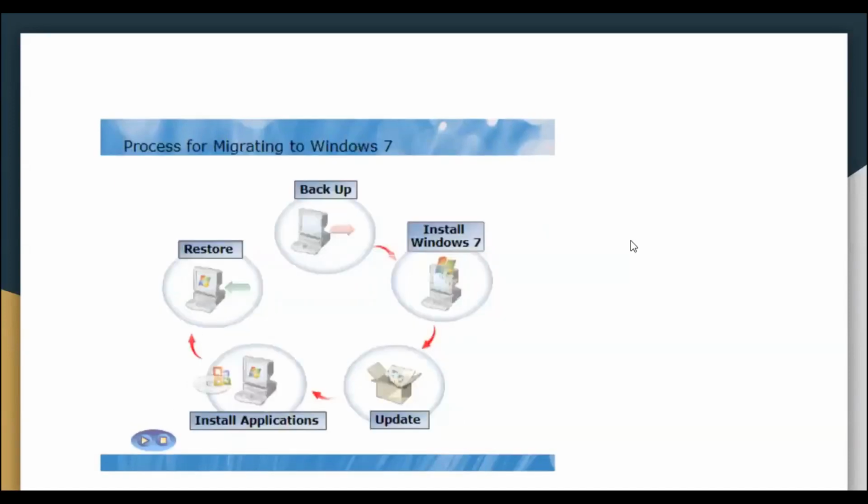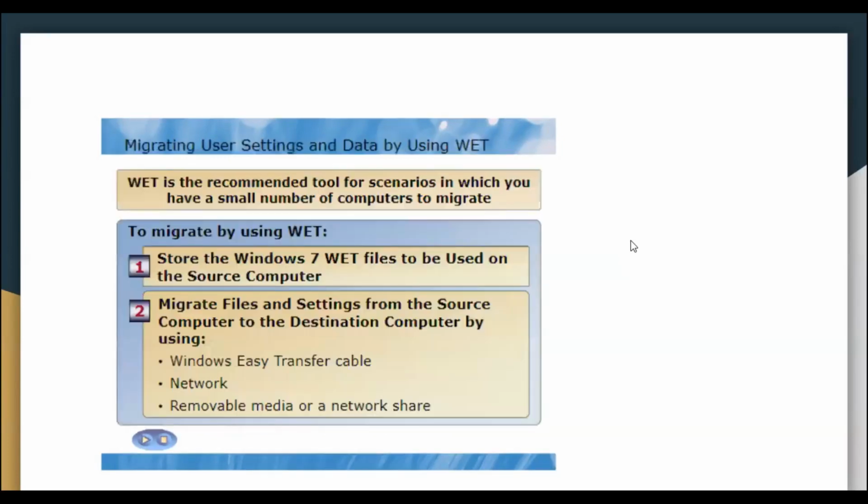The process for migrating to Windows 7: first is to back up, install Windows 7, update, then install applications, then restore. Migrating user settings and data by using Windows Easy Transfer is the recommended tool for scenarios in which you have a small number of computers to migrate.